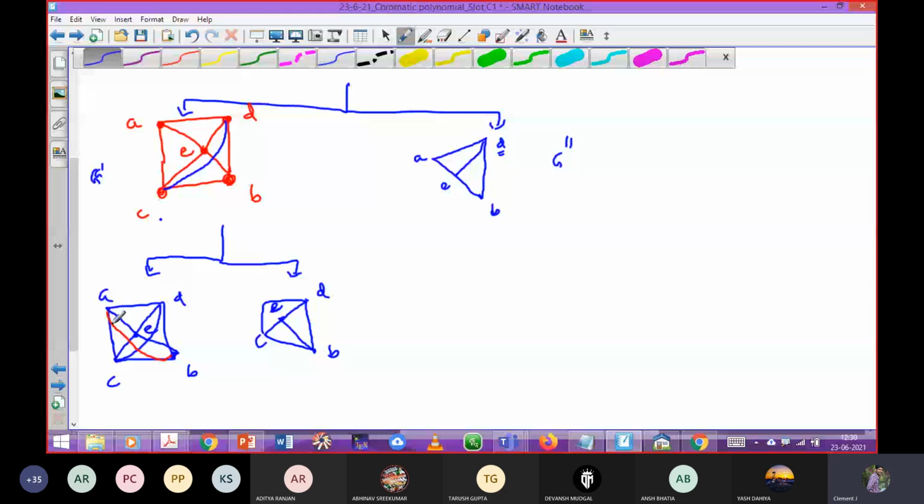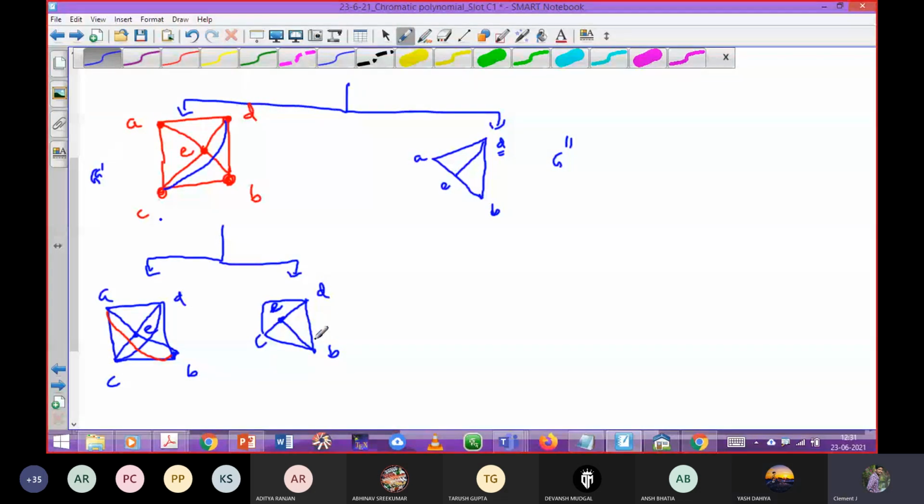D to A means the similar edge D to B. I should not have any multiple edges. You can just check: is there any multiple edges on this graph? No, sir. Okay. Have you understood up to this graph? Is it clear?